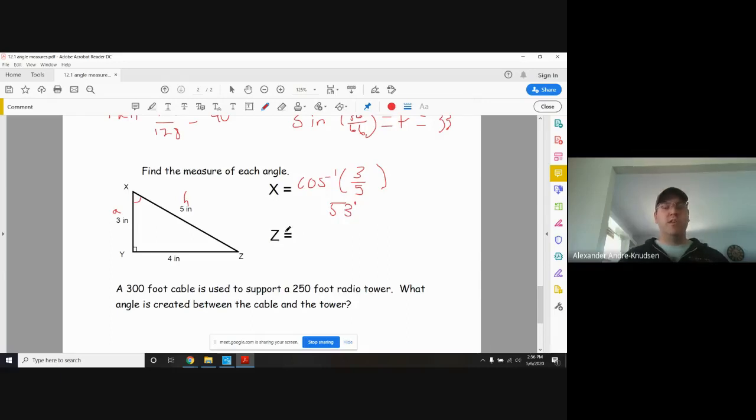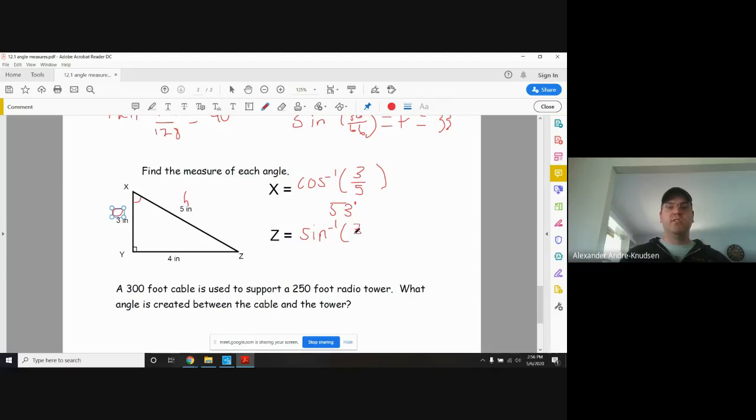Now, you may be saying, Mr. AK, now I know that z has to be 27 because it has to add up to 180. You'd be right, but I still want you to show me some way using your trig functions to get angle z. So if I'm using angle z down there, this is no longer adjacent, this is opposite.